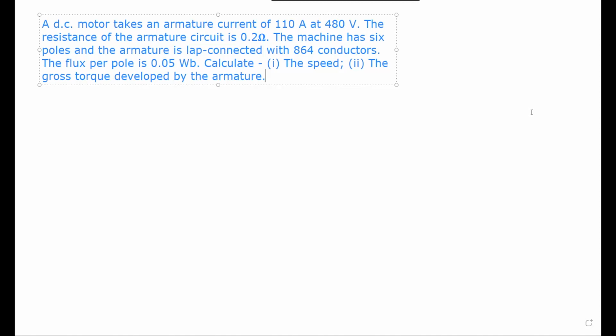So first we will write what all things are given in this particular problem. They have given the armature current, right? How much is the armature current? 110, right?